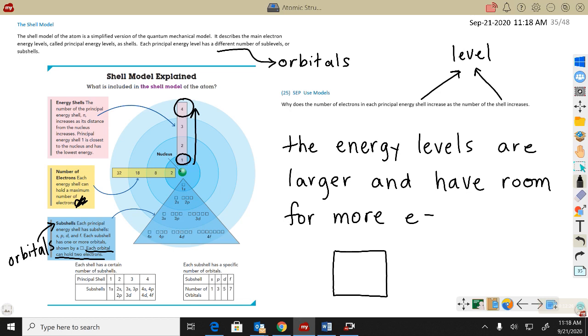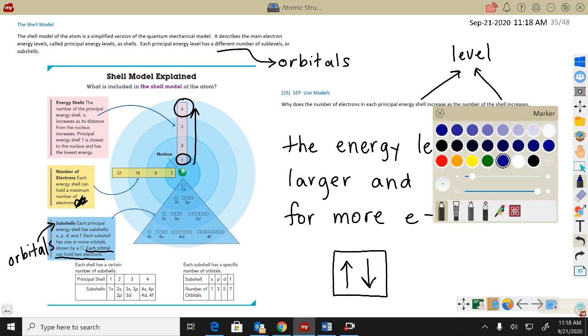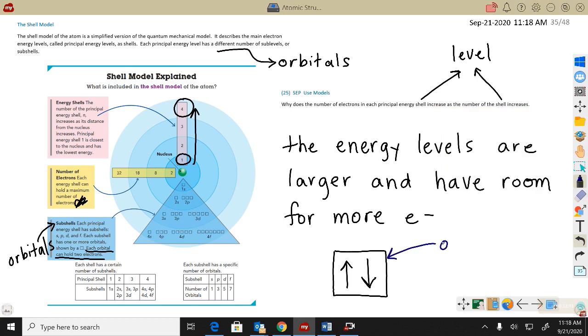If you have 2 electrons together in the same orbital, they always spin in opposite directions. So the box is an orbital, and the arrows show that the 2 electrons must spin opposite. It's just because you have these moving charged particles.